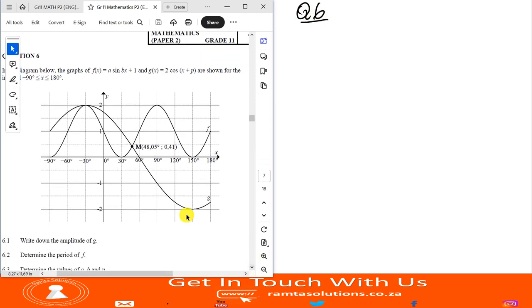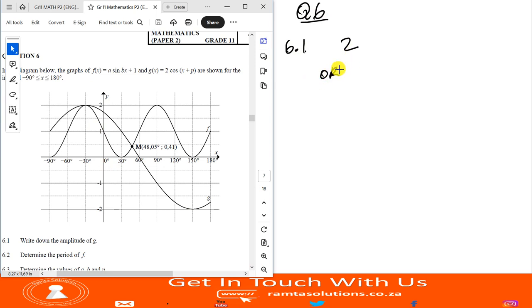So write down the amplitude of g. Guys, when they say 6.1, the amplitude of g. Amplitude, you look at the formula, the coefficient of your trig ratio is your amplitude. So this is simply 2.